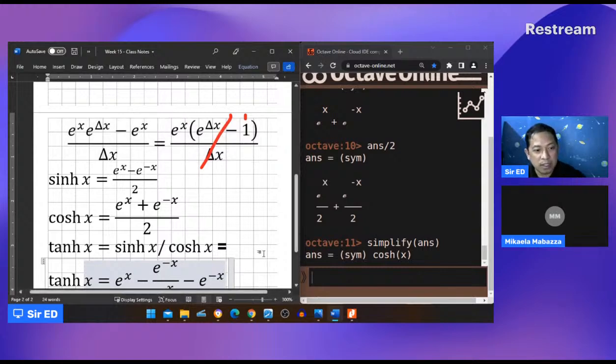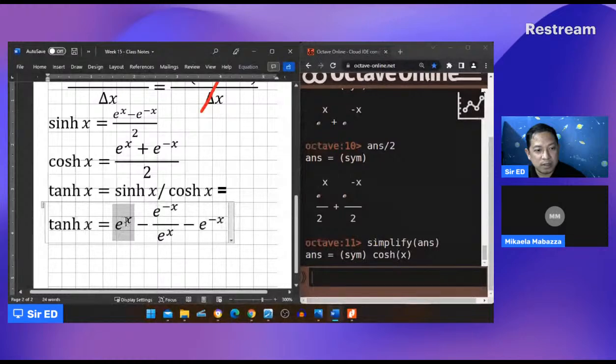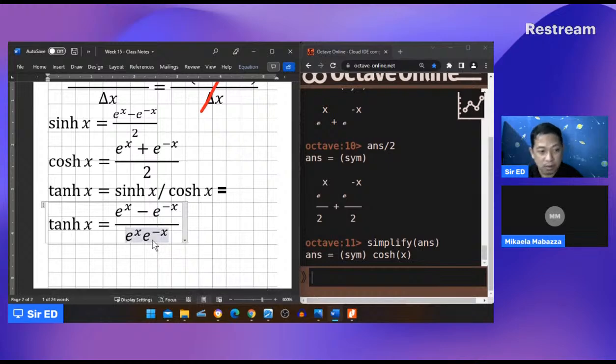Okay, so that is the hyperbolic tangent. Okay, ito pala plus. Babaguhin ko na lang. Gagawin ko siyang plus. So, yan. O yan, Micaela. So, these are new memory aid formulas for you.